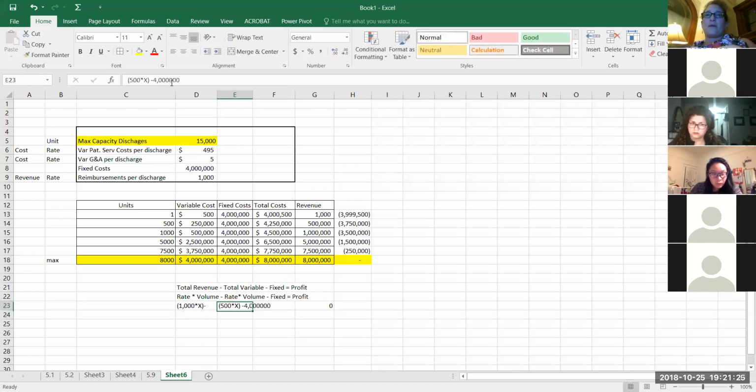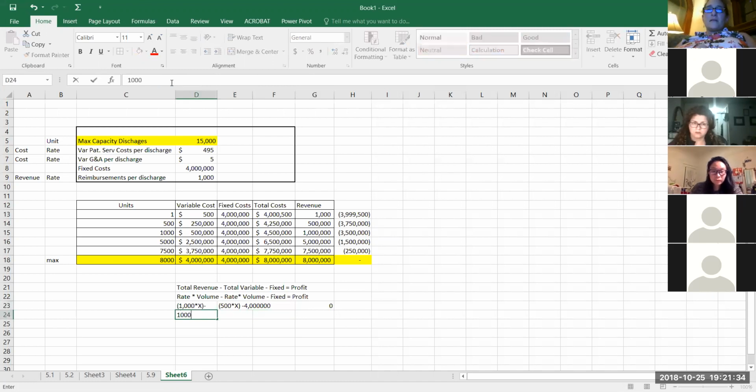Now I don't know if you guys have done much algebra, but this is an algebraic equation, right? So we've got 1,000x minus 500x minus 4 million equals 0.